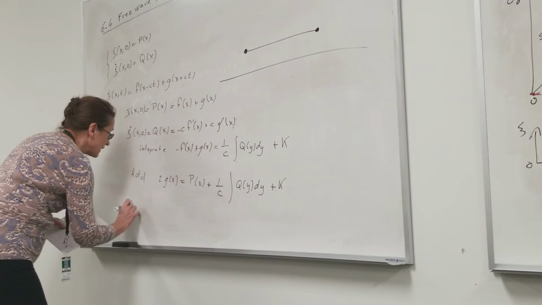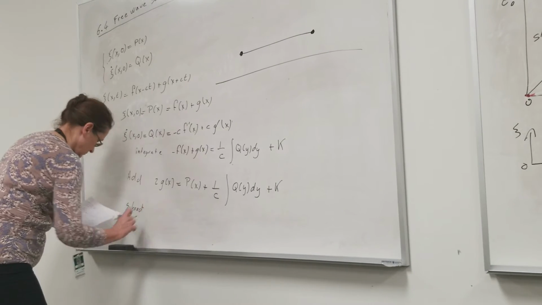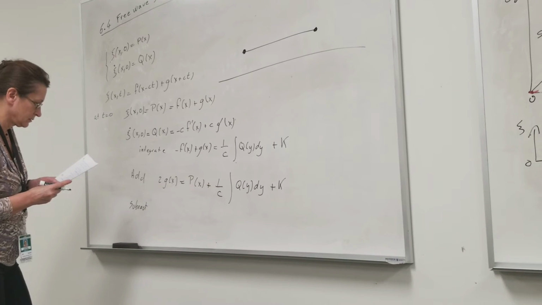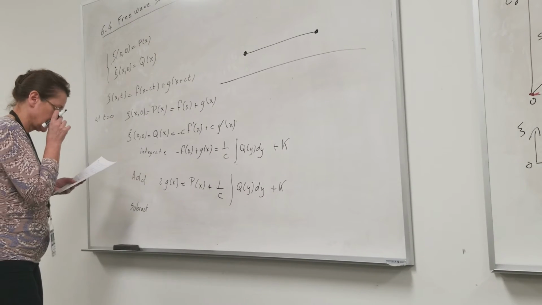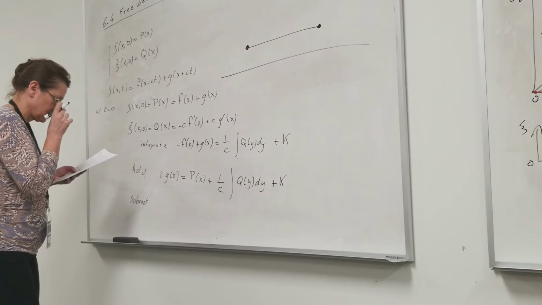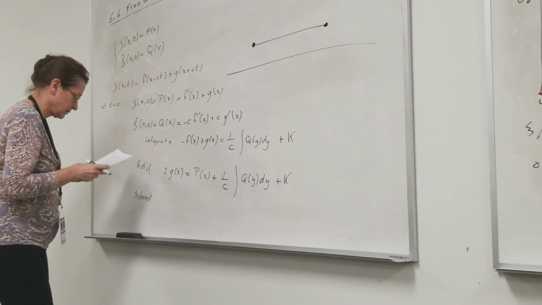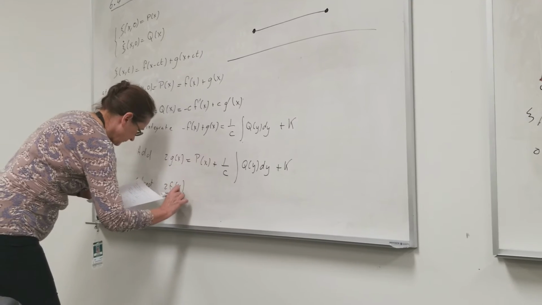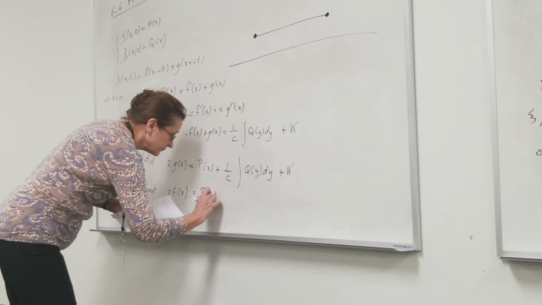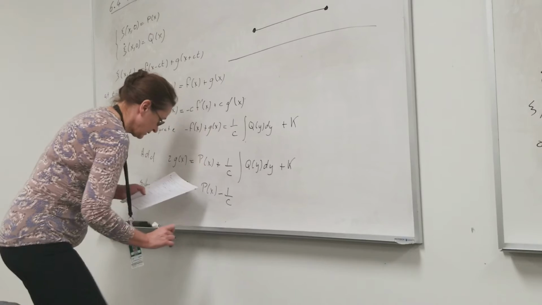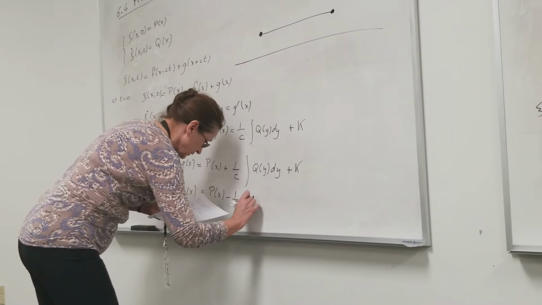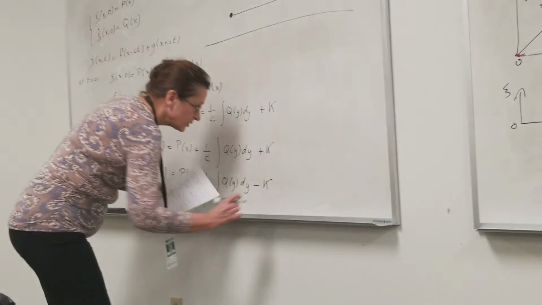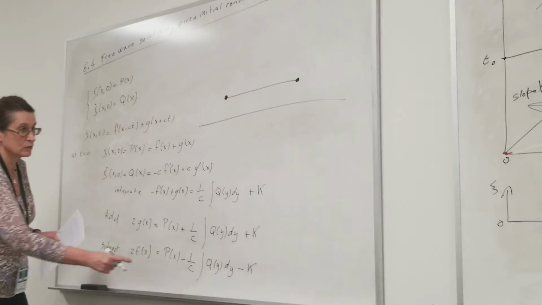And then when we subtract, we get 2f of x is equal to p of x minus 1 over c times the integral of q of y dy minus some constant of integration, the same constant of integration.